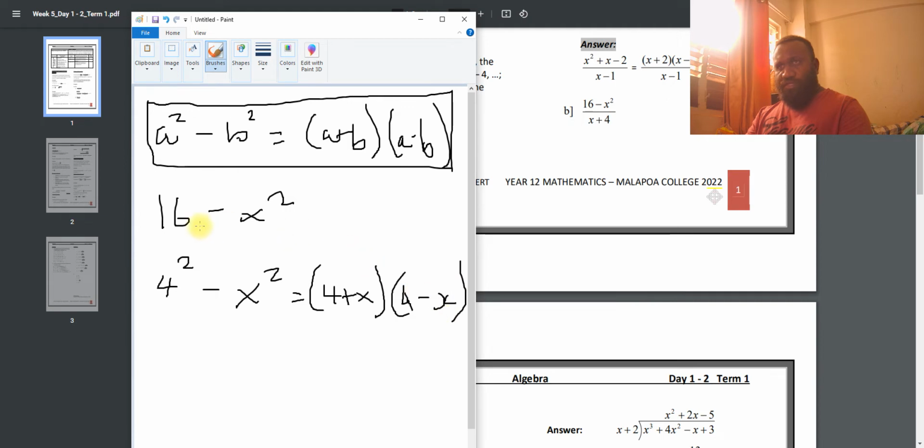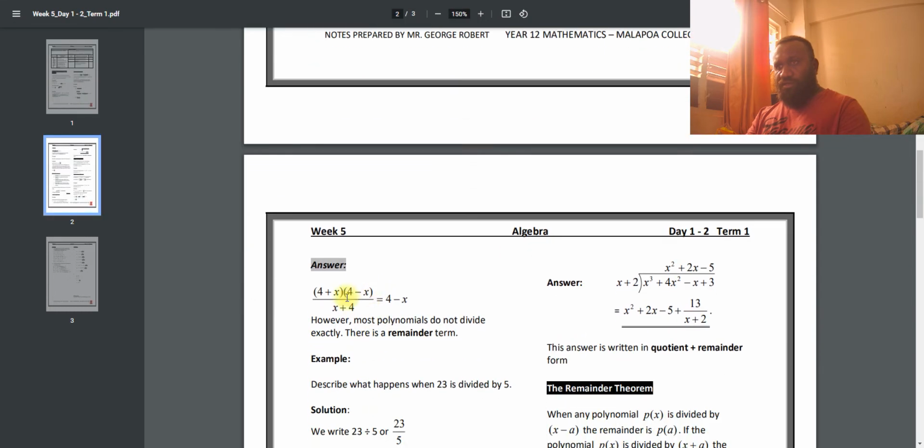So now you have factorized this question. Okay, so this is what you have here: x, 4 plus x, 4 minus x. So when we cancel out 4 plus x and x plus 4 here, it leaves us with 4 minus x.